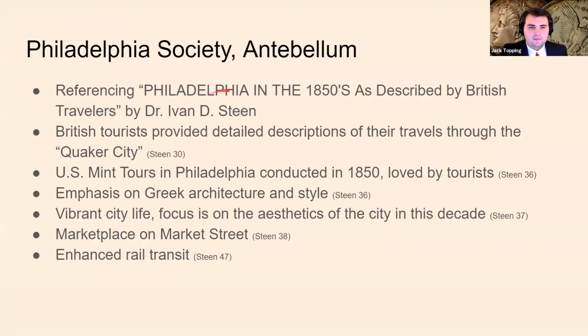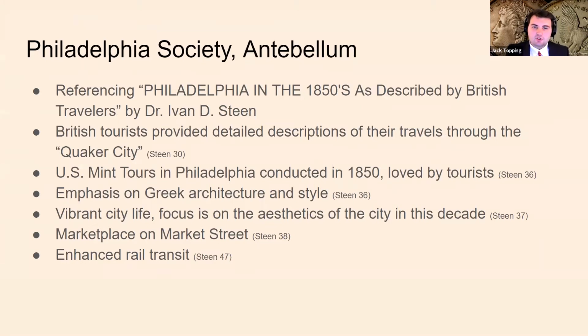We're going to be talking about Philadelphia in the 1850s as described by British travelers. This is a really good reference for understanding what it was like in a visual sense from the perspective of individuals who came over here from England.